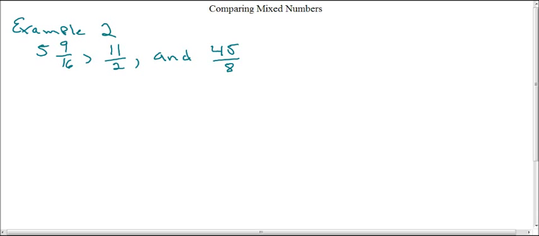And let's compare them from least, well, yeah, let's do least to greatest.